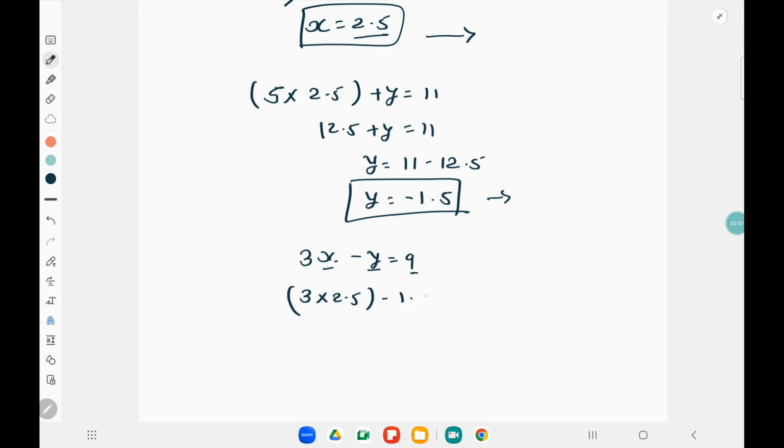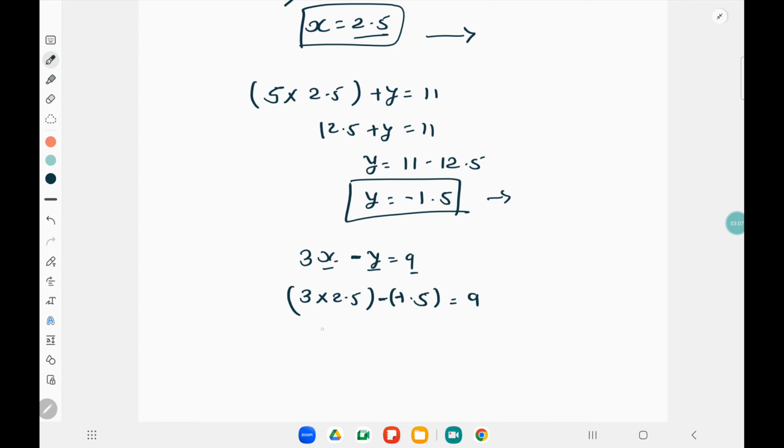Okay, again here minus. The outside sign is the sign from here, and the y value is negative. That's why I'm writing minus here, equal to 9. Okay, 3 times 2.5 is going to be 7.5.